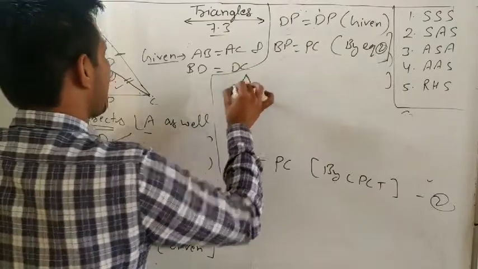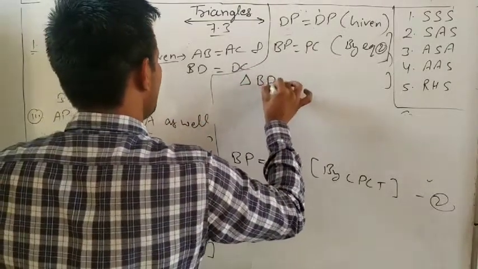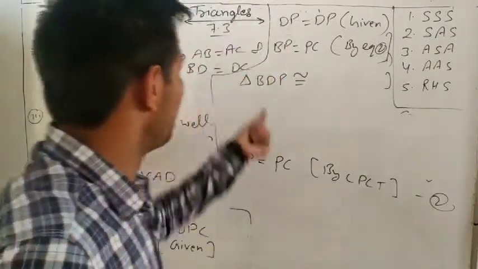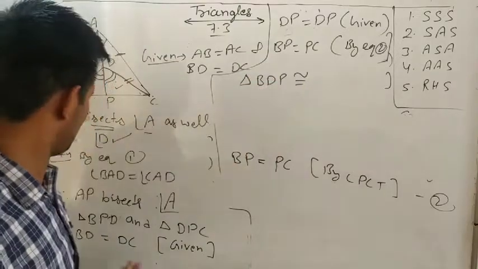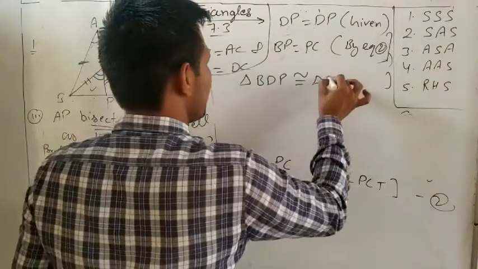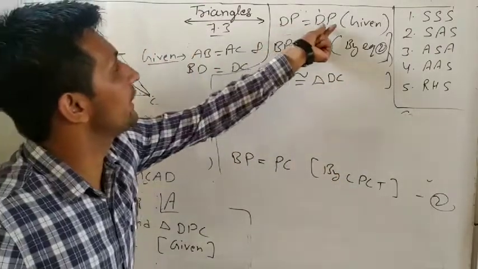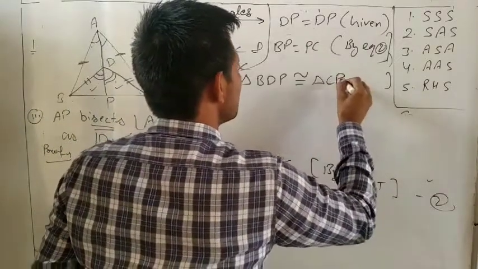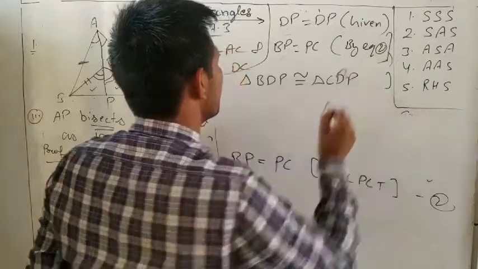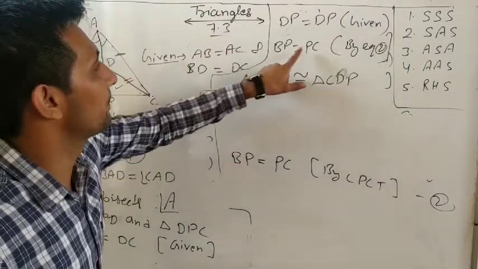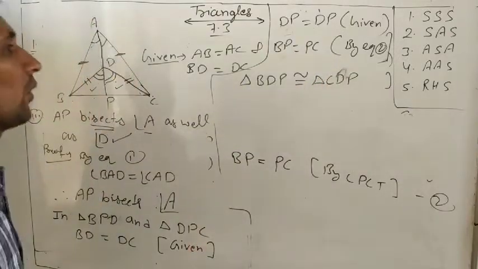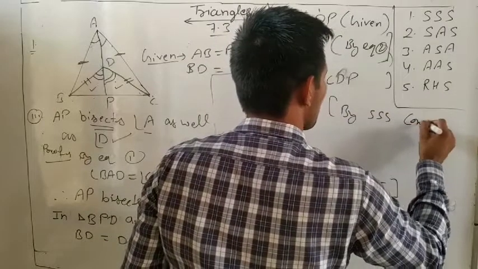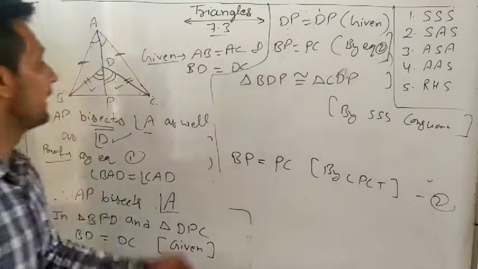So you can write triangle BDP congruent, always in order, to triangle CDP: BD equal to DC, DP equal to DP, BP first and last, PC first and last. So they are congruent by the side congruency rule.